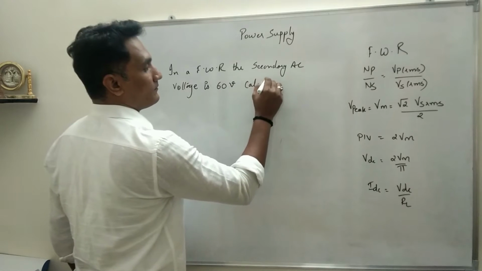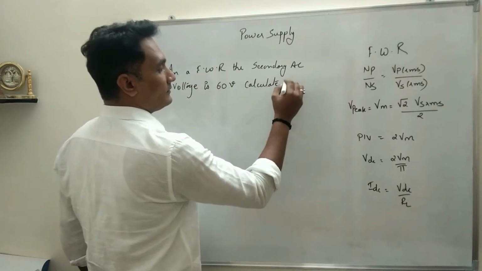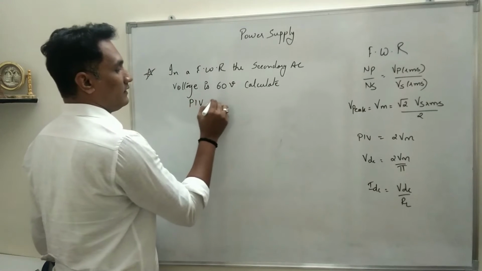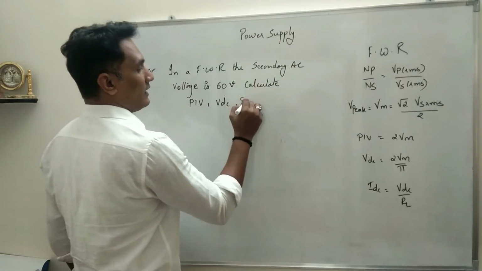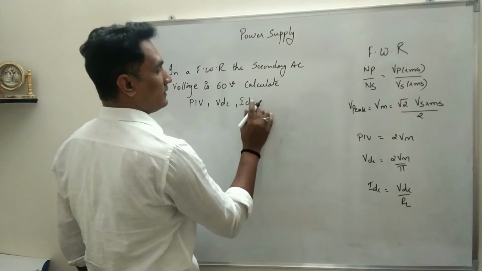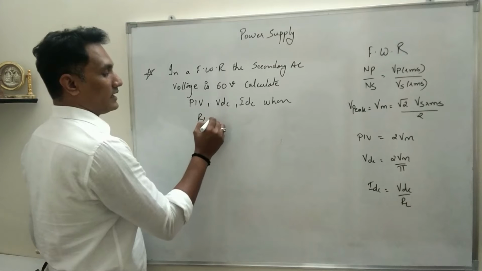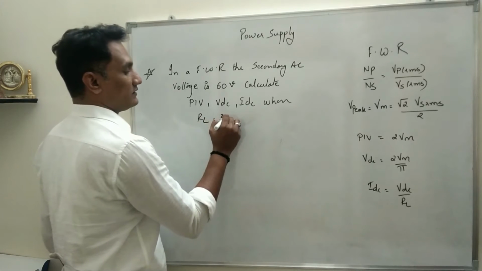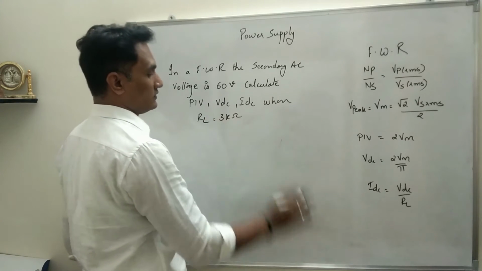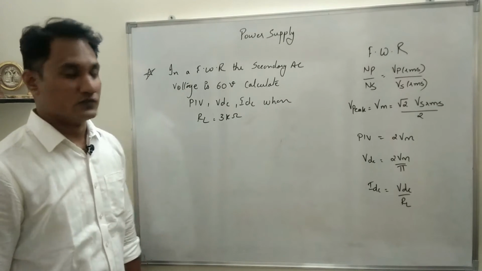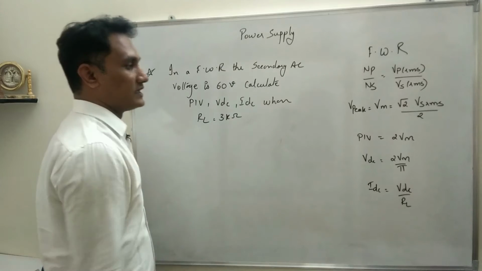Calculate PIV, VDC, IDC when RL is equal to, say, 3 kilo ohms. 3 kilo ohms means 3 into 10 to the power 3 ohms. So these are the values which have been specified.